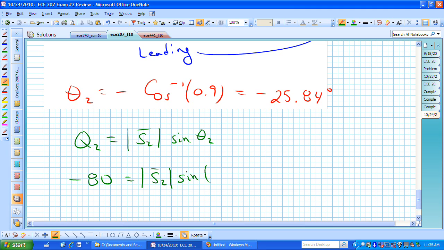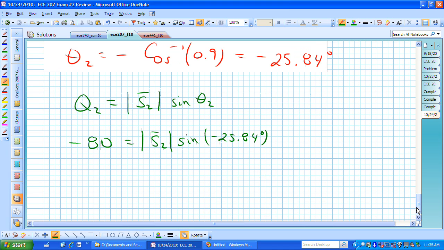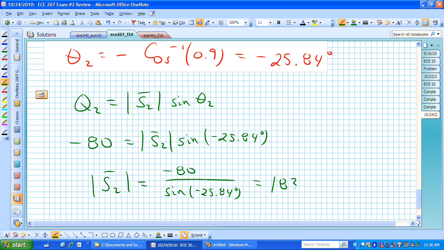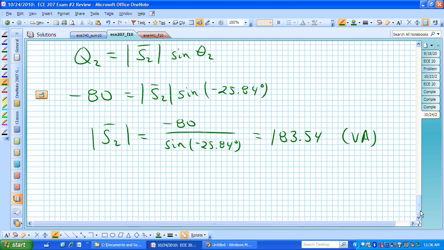We just computed the angle theta sub 2. This now allows us to find the magnitude of our complex power for load 2, and finding that ratio, we see that load number 2 has an apparent power of 183.54 volt amperes. That's the magnitude.